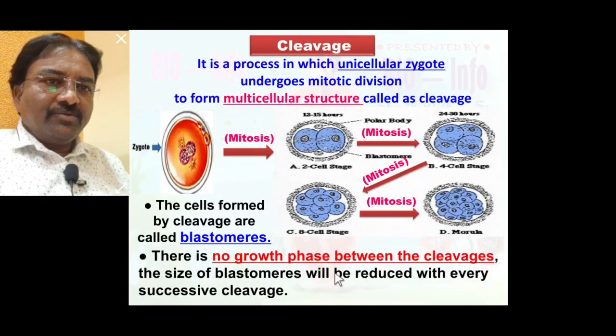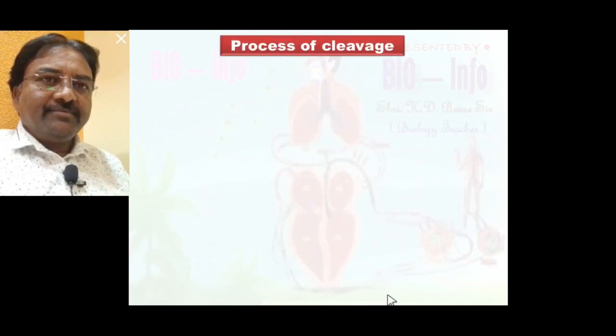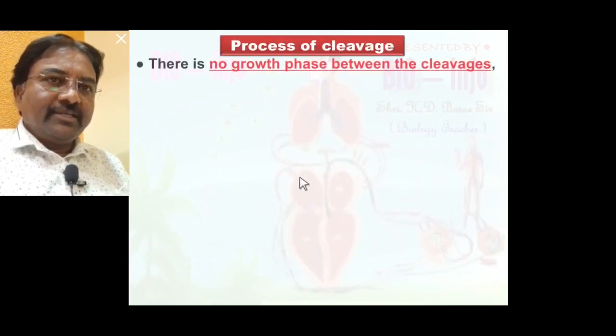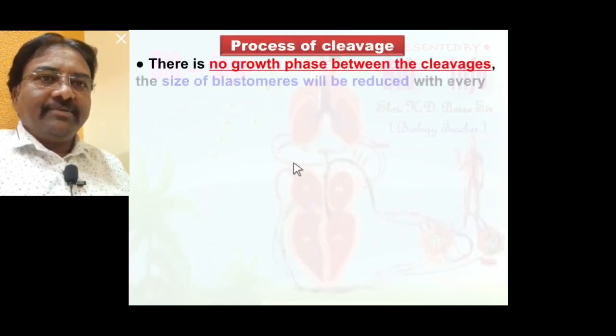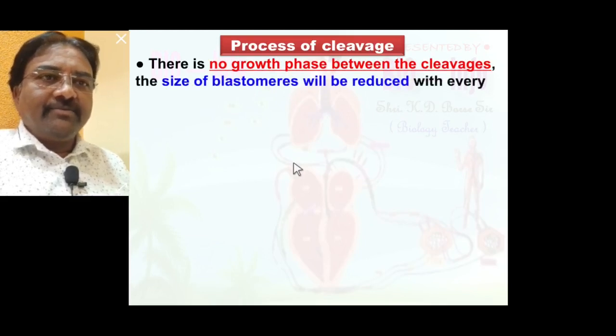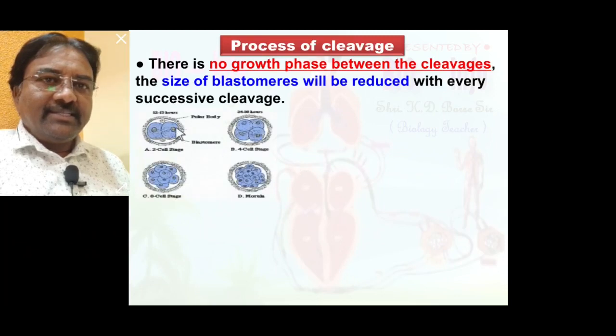Now, there is no growth phase between the cleavages. The size of the blastomeres is reduced with every successive cleavage. You can see here, these 2 cells are very large in size.